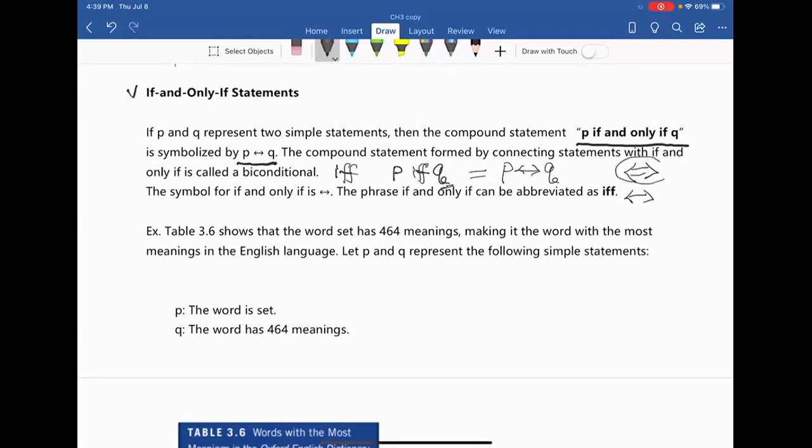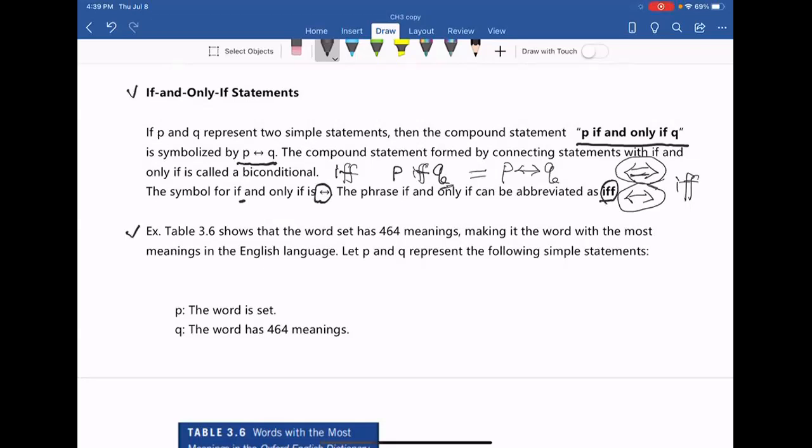So if you are taking another class and the teacher is using this, they are the same. They represent the same meaning, which is if and only if. Okay, the symbol for if and only if is this. The phrase if and only if can be abbreviated by IFF.